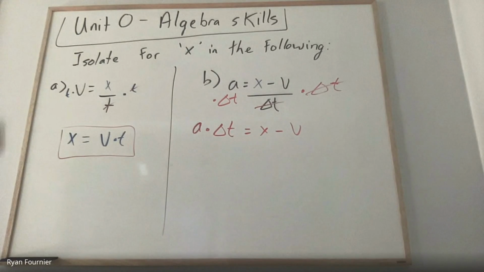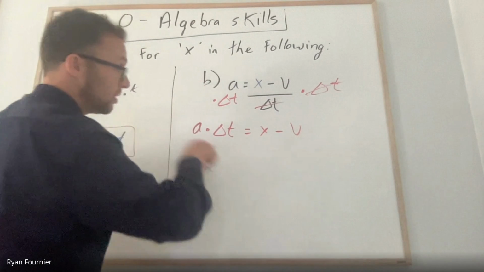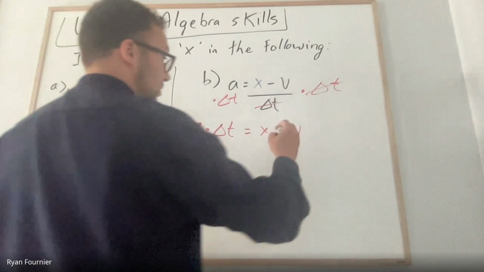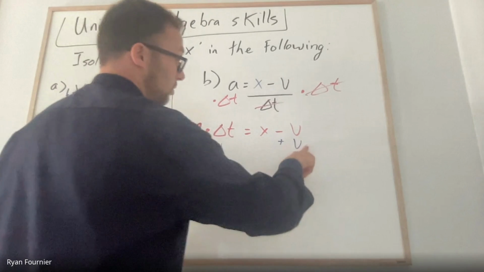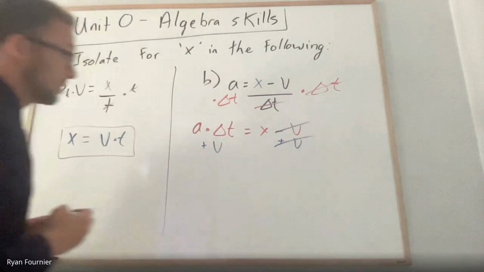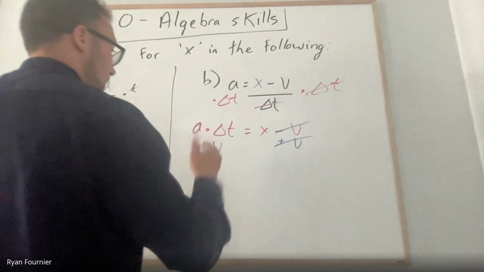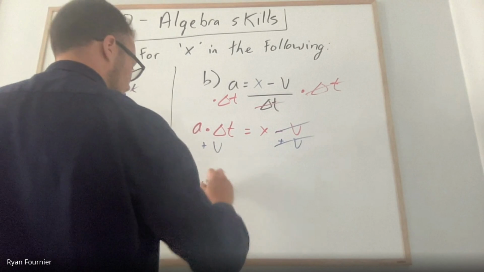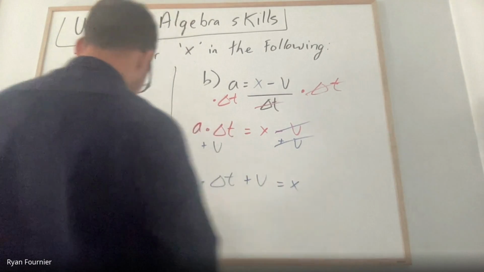And then I want the x by itself, so I'm going to remove the b over here to the other side. To do that, I'm going to do inverse operations. So I'm going to add b, well, I put a 1 here, sorry. And that'll get the minus b plus b gets rid of that. And so my final formula is going to be a times delta t plus b equals x.